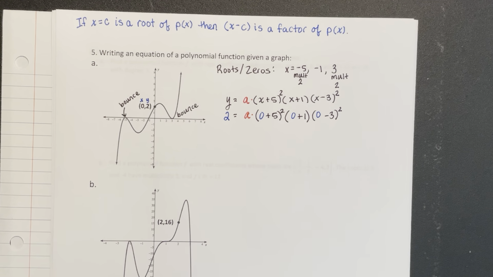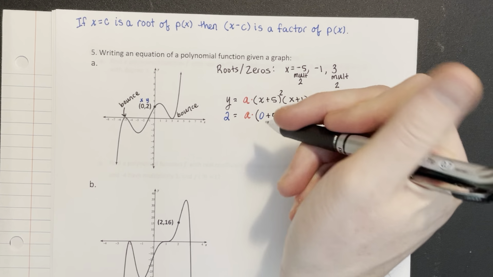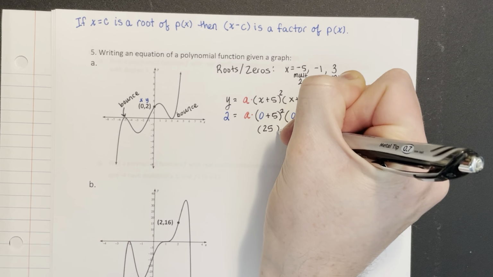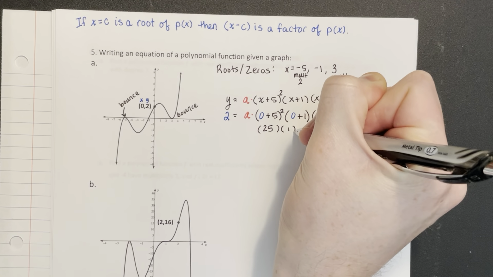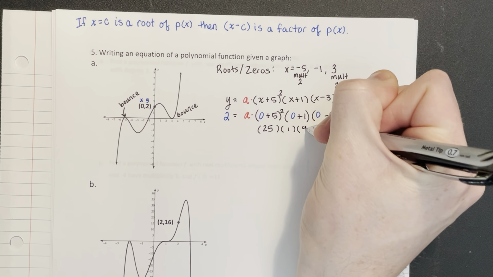And we're going to just work this out algebraically. So 0 plus 5 squared is going to be 25. 0 plus 1 is just 1. And -3 squared is +9.